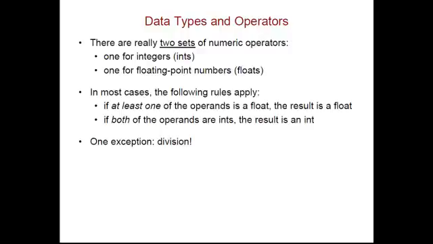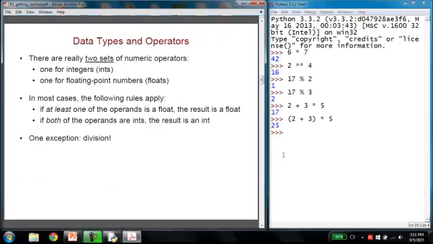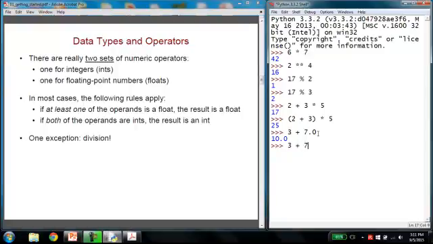But if both of the operands are ints, the result will be an int, because we're using the int version of the operator. So for example, if I do 3 plus 7.0, because the 7.0 is a float, it has a decimal, I'm going to use the float addition operator, and I get a float result. But if I use 2 ints, I get an int result.